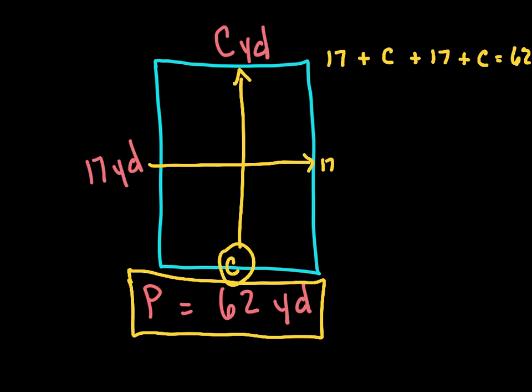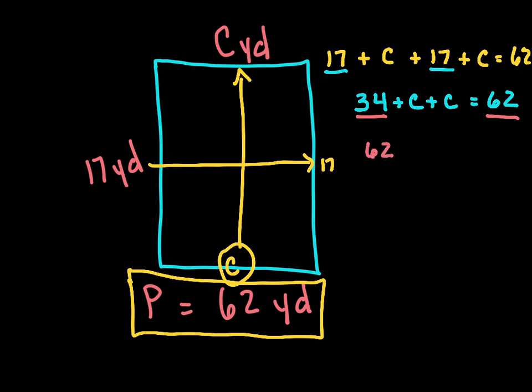Well, let's start putting the numbers that we know. 17 plus 17 is 34, plus C is equal to 62. All right, so what we need to do is take this number and subtract it.